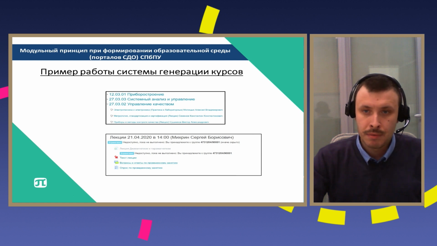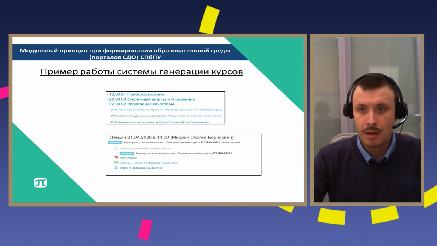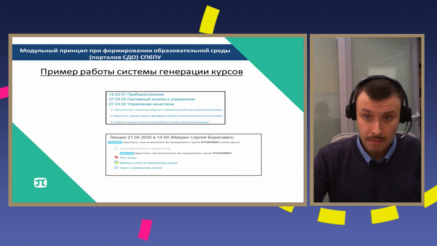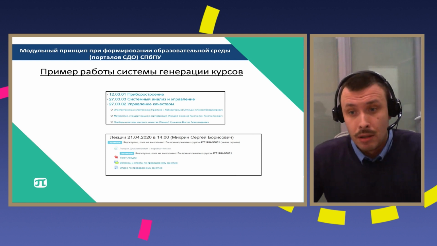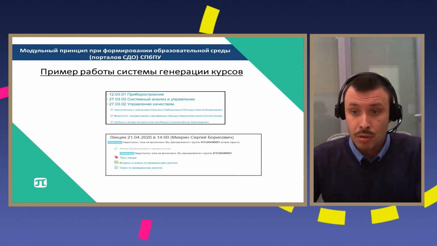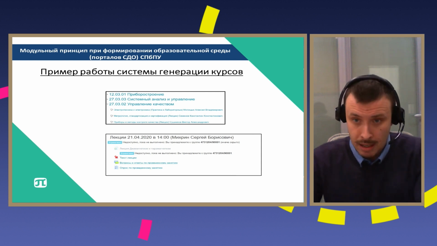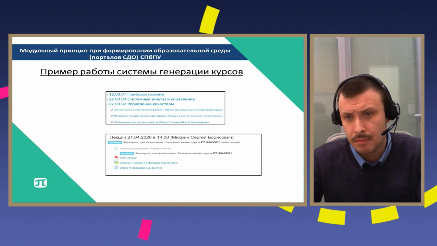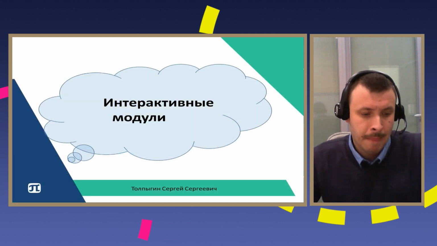So when these courses are generated, we generate Teams links, we implement those links into the course, and we generate one class, and the link for its execution is also created.